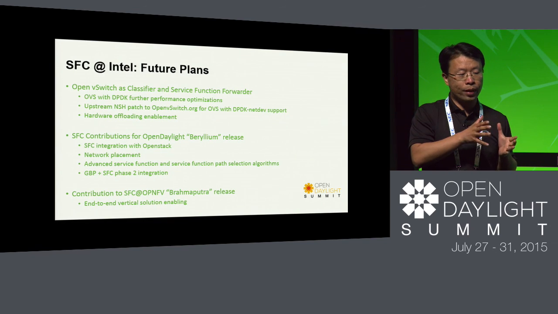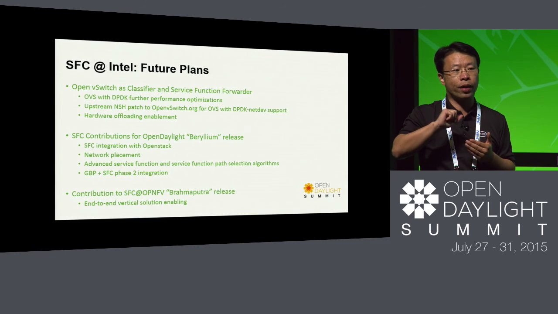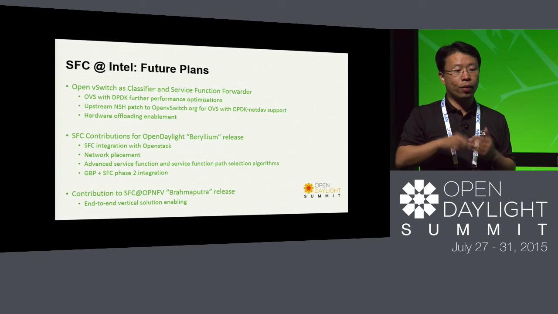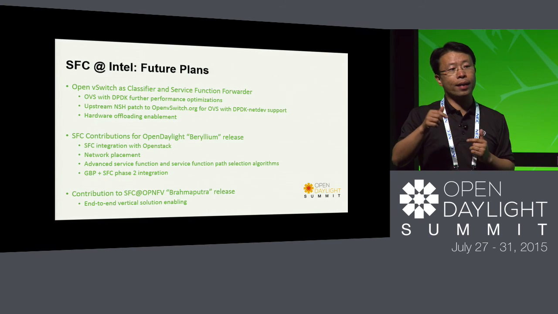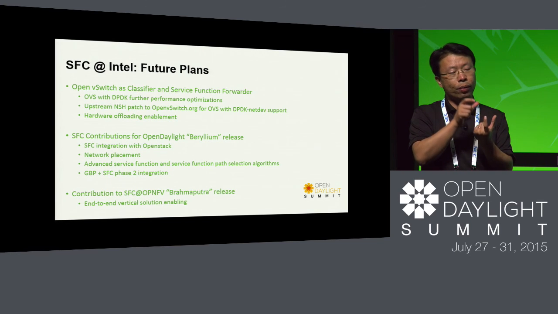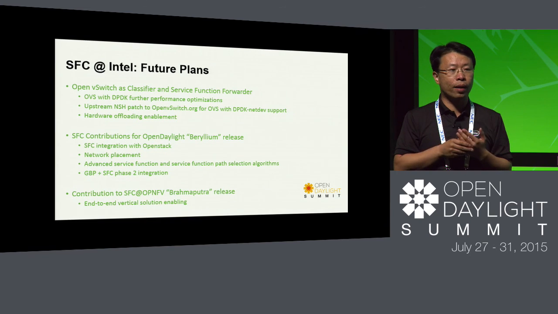Once you remove the header, you steer the original packet with the tag to the NSH-unaware service function. This guy does packet processing as usual. Once the job is done, it sends the traffic back to the service function chain proxy. The proxy looks up the big table by the tag, finds the original VXLAN GPE header, and adds it back to the packet. So this kind of thing can work.